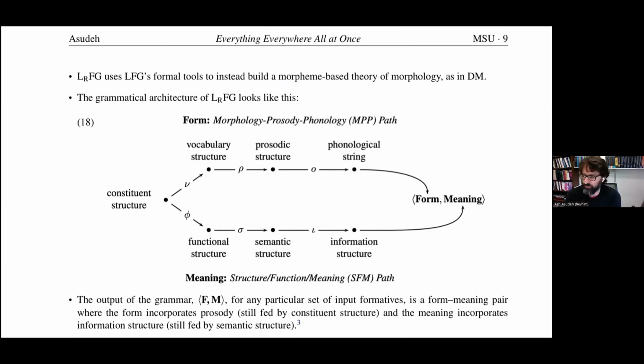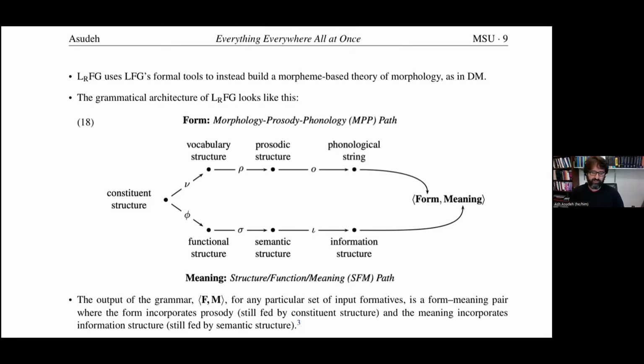One is about form, the upper path, and one is about meaning, the lower path. Okay? The upper path has this V mapping to vocabulary structure, which is then P-mapped or rho-mapped to prosodic structure, which is then O-mapped to the phonological string, and that's your final form.